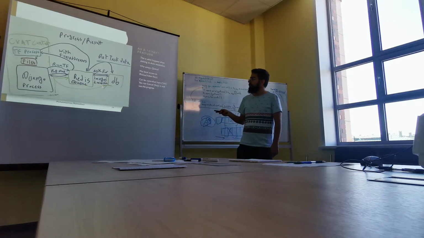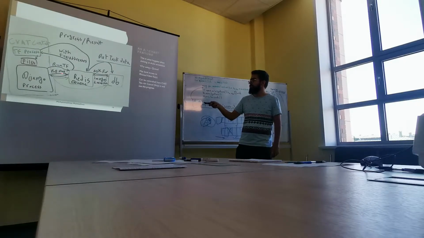And actually before that, it writes the new annotations into the database. So how the TensorFlow and Django processes integrate and talk to each other is through this Redis queue.